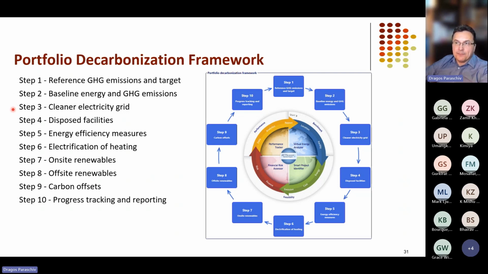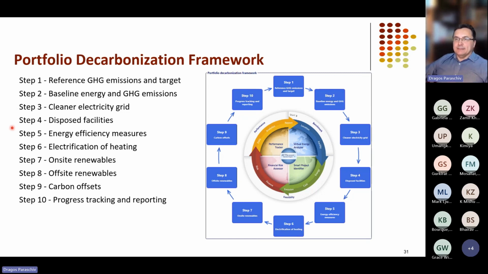We can rely on a cleaner grid. This is something that authorities are expecting, to clean electricity grids, having better technologies and less emissions associated with the electricity we use, which means that in many facilities, by electrifying the end use consumption, we can achieve overall emission reduction.